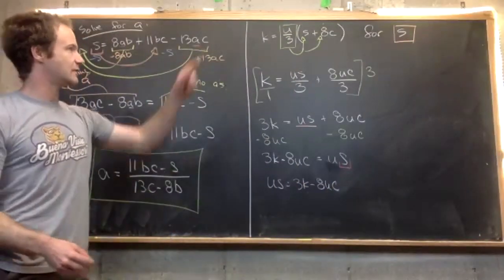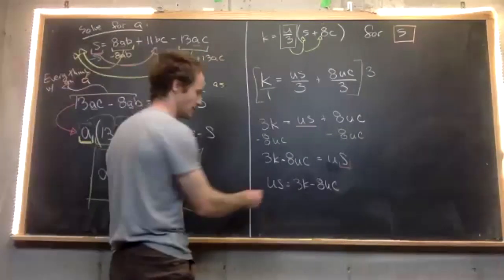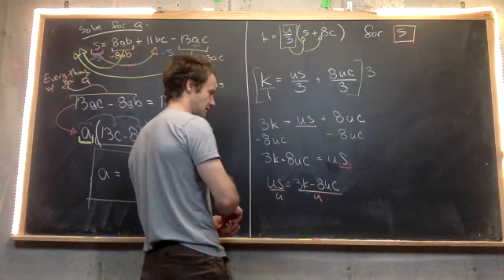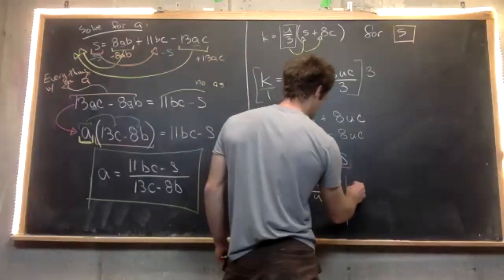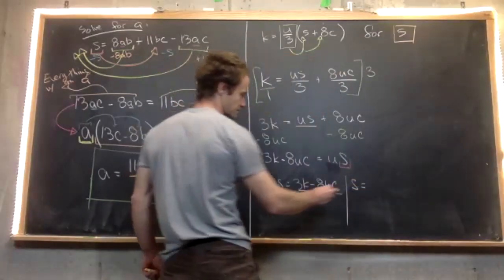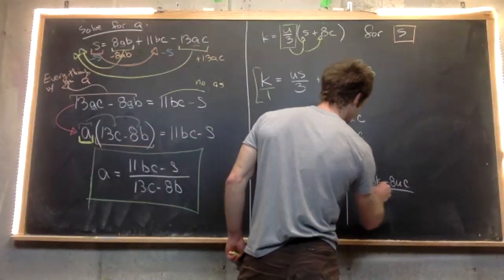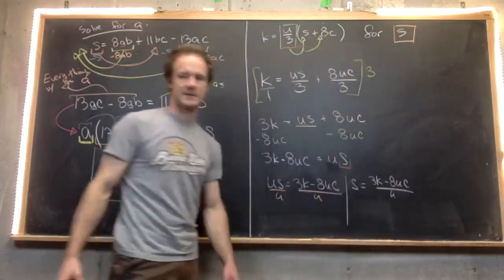And now, again, we want to get s by itself, and so we need to divide this by u, which means we need to divide this by u as well. So that's going to leave us with s equals 3k minus 8uc over u.